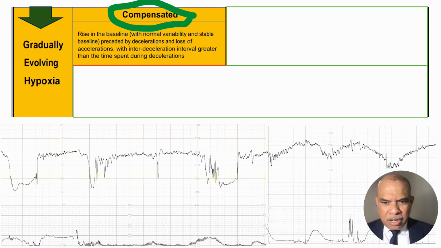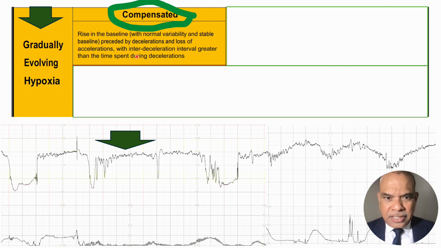So it is not classified under gradually evolving hypoxia. But as I said, it's a journey for some, and that's the reason, if you see the second part of this, we have said if the inter-deceleration interval is greater than the time spent during the deceleration, then still it's a compensated state. So please don't panic.